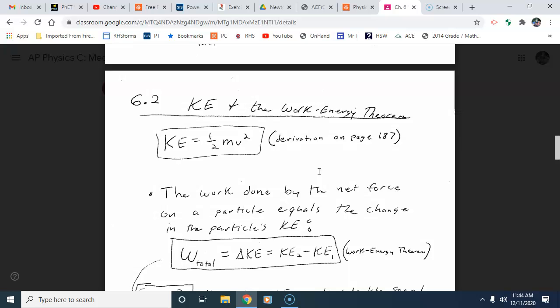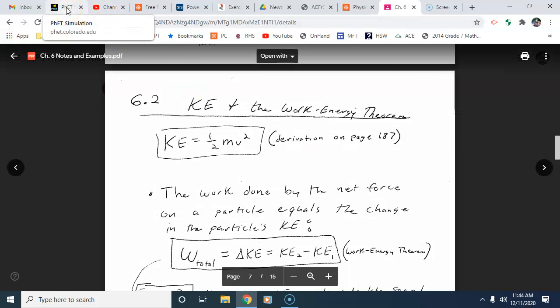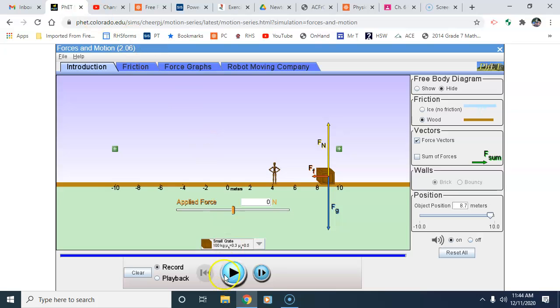Right? So, for example, let's use some simple numbers here. It's a 100 kilogram crate, so I'll use that number noted down here. Let's say I push it from rest up to a speed of, to make simple numbers, 10 meters per second.